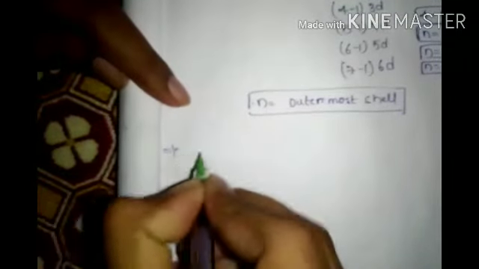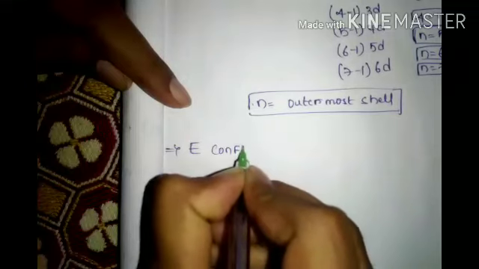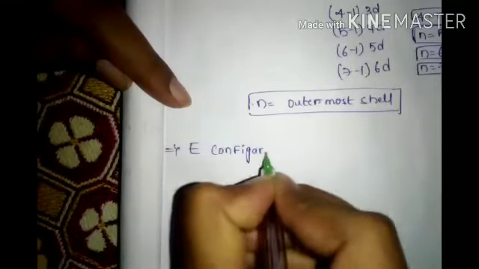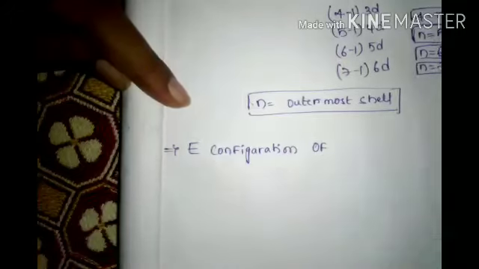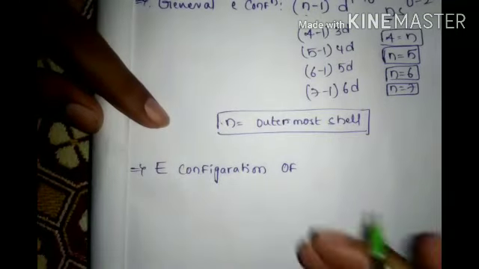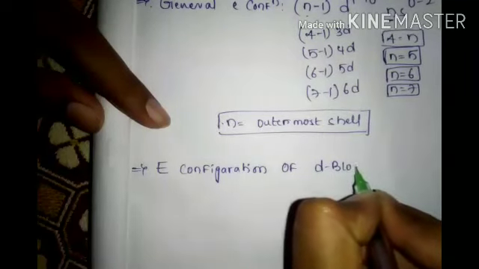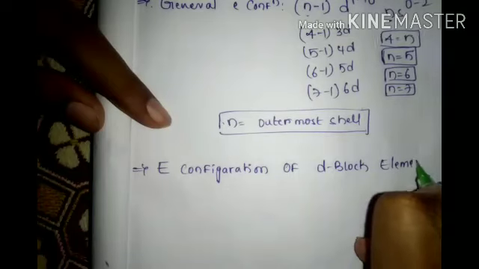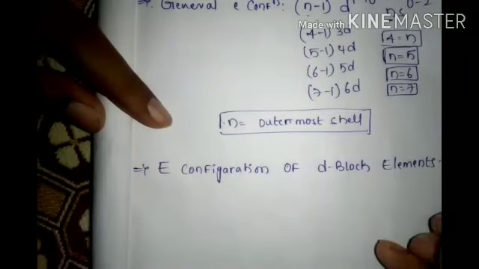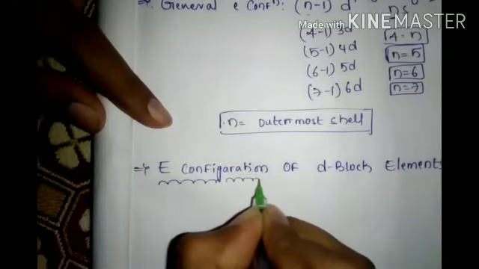Now the next topic is electronic configuration of D block elements.